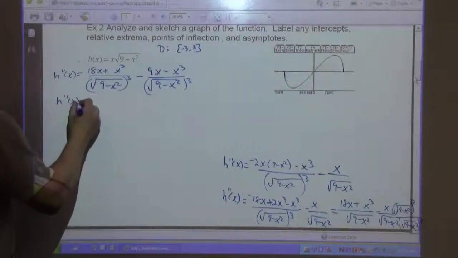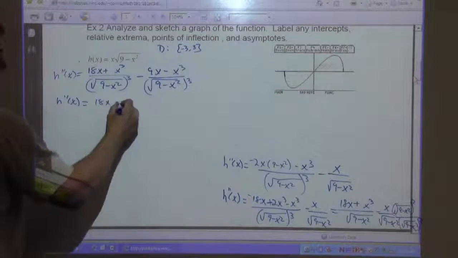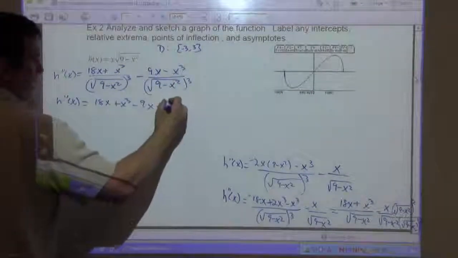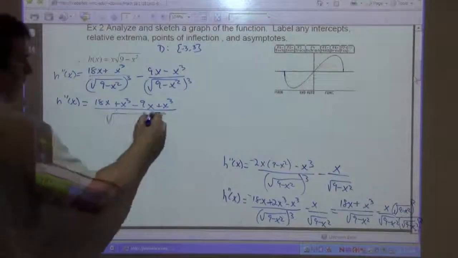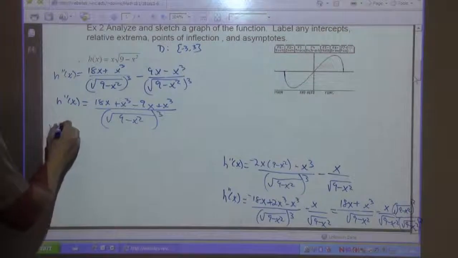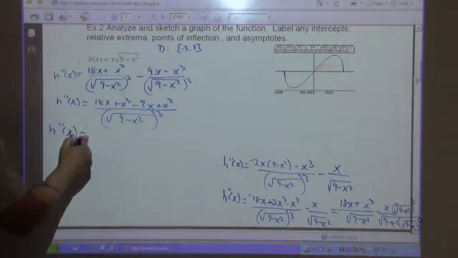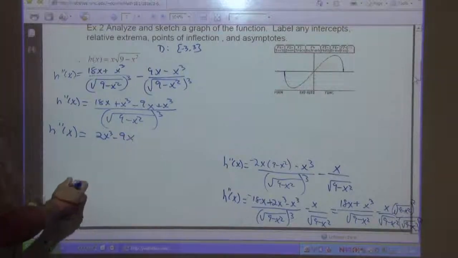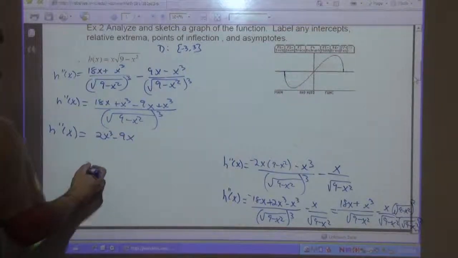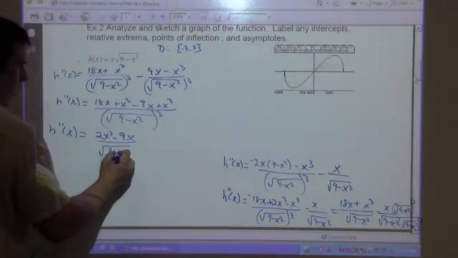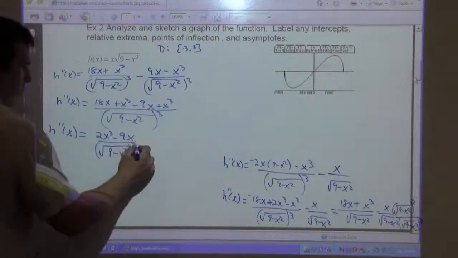H double prime of x is going to be 18x plus x cubed minus 9x plus x cubed over the square root of 9 minus x squared cubed. So h double prime of x is going to be 2x cubed minus 9x over the square root of 9 minus x squared cubed.